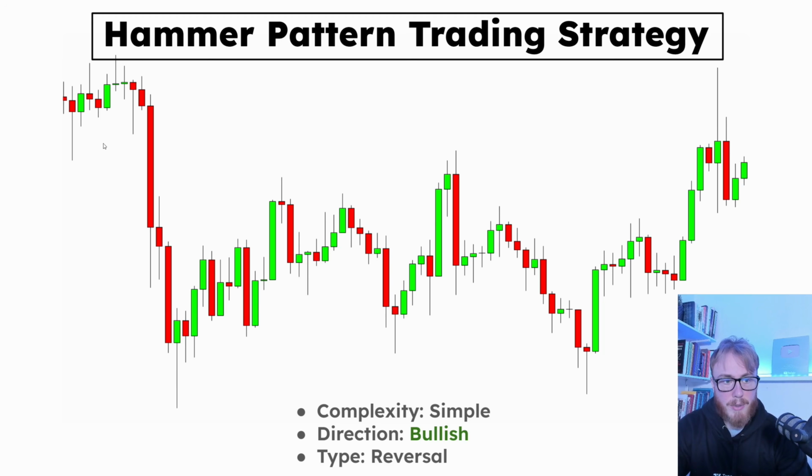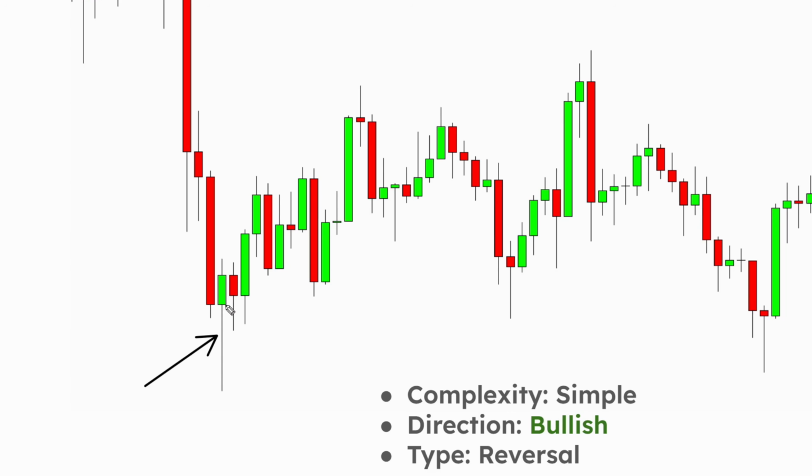So first of all, right here, you can see that we had a very strong move towards the downside. And then we saw this green candle right here appear. And what you can notice here is that this lower wick of this candle is indeed more than twice the size compared to the real body of this candle. So one could definitely see this right here as a hammer.